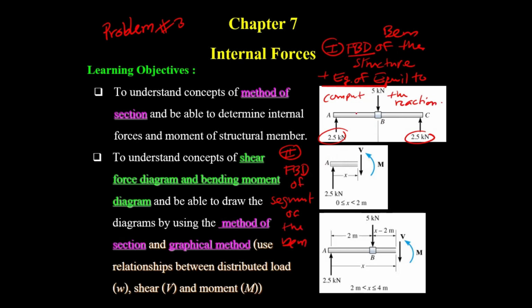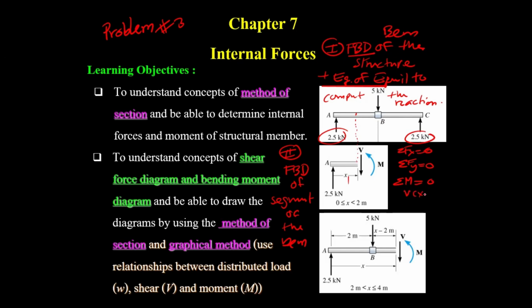Now, we cut the beam and then we set up the reference coordinate x1. Then we will use the equations summation of F sub x equal to 0, summation of F sub y equal to 0, summation of the moment equal to 0 to determine what?